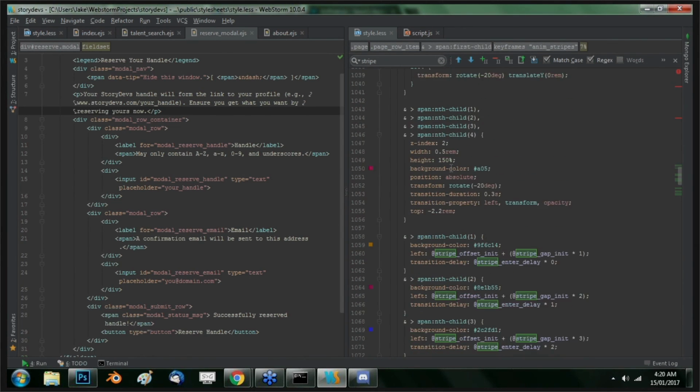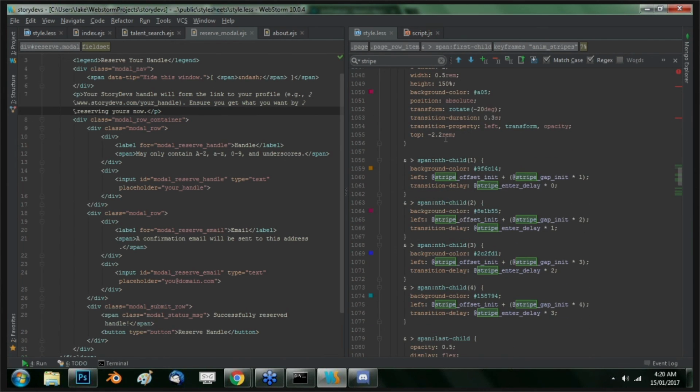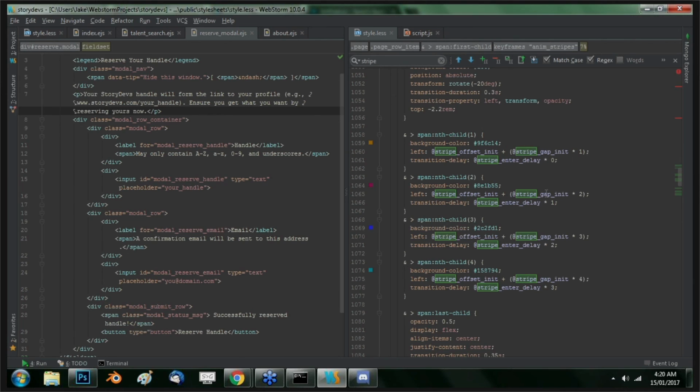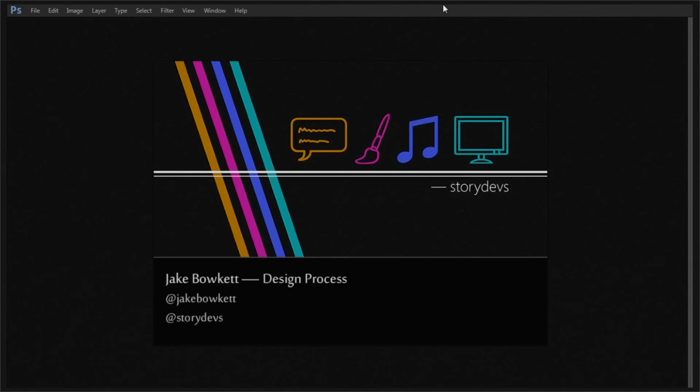I don't know what it's called. And there's just a bunch of empty elements that are shaped like stripes, and then they each have their own delay on the animation. They just use the same animation. And CSS takes care of most of the hard stuff for you. It's a bit annoying to program though.